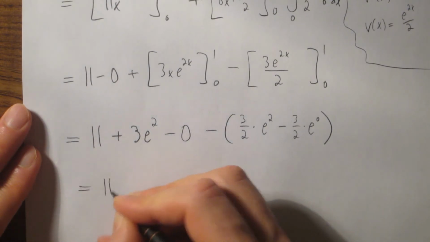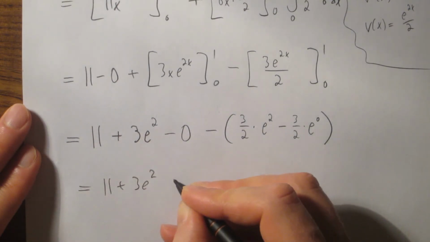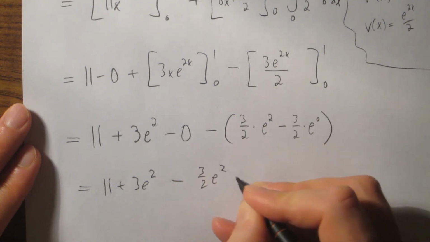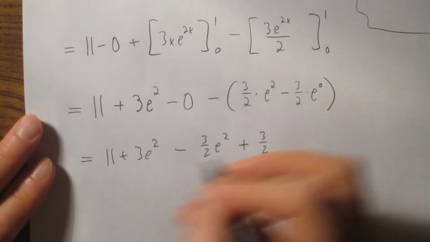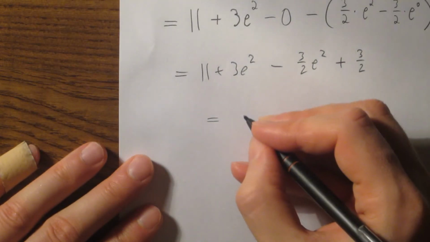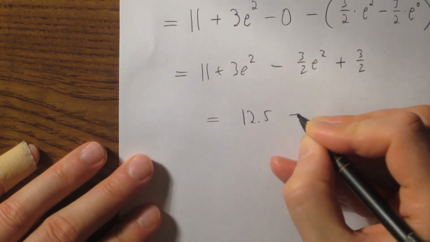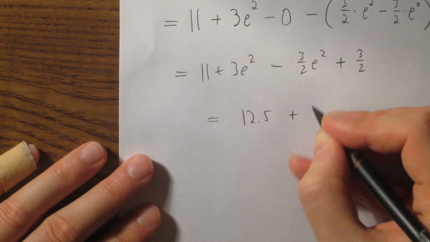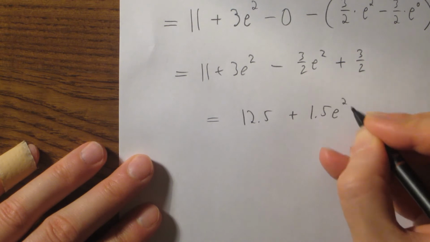But anyway, so we get 11 plus 3e squared minus 3 halves e squared plus 3 halves. So this comes out as 12.5 plus 1.5 e squared.